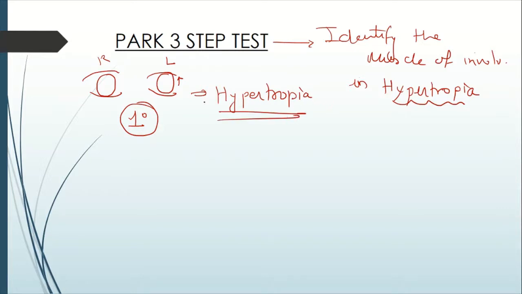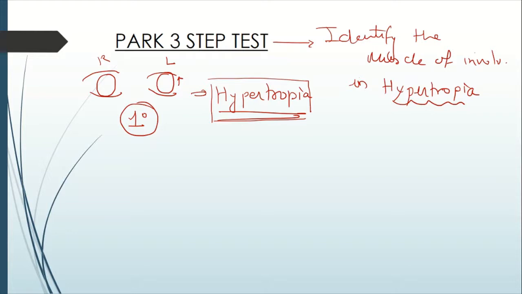Remember, in such cases there is a possibility that this could be a hypotropia of the other eye, but practically we always consider hypertropia as the chief abnormality because it helps us identify accurately using the PARK 3-step test. This is the main thing we use for diagnosing the muscle involved in cases of hypertropia.